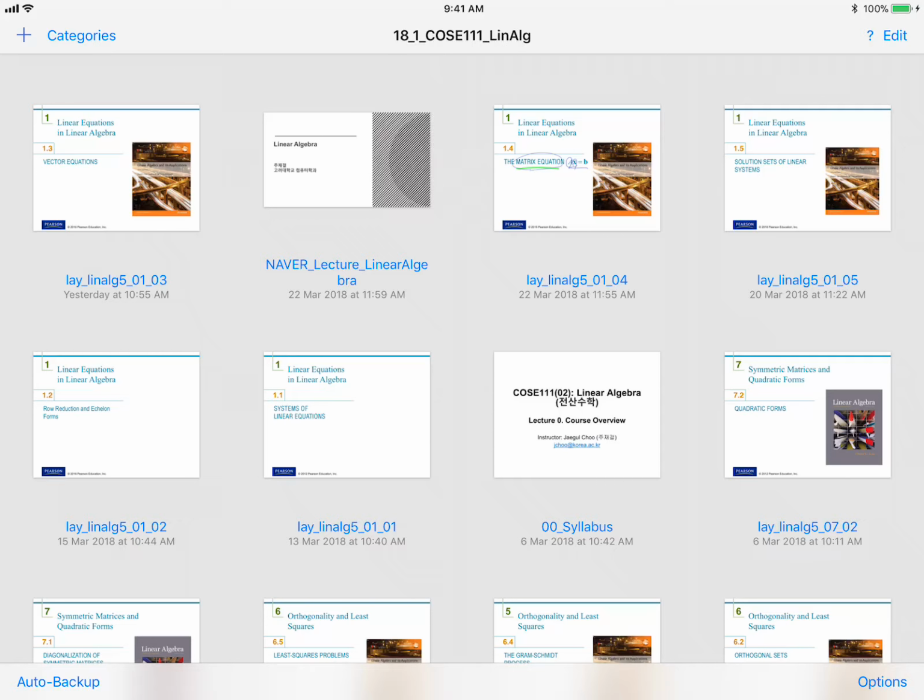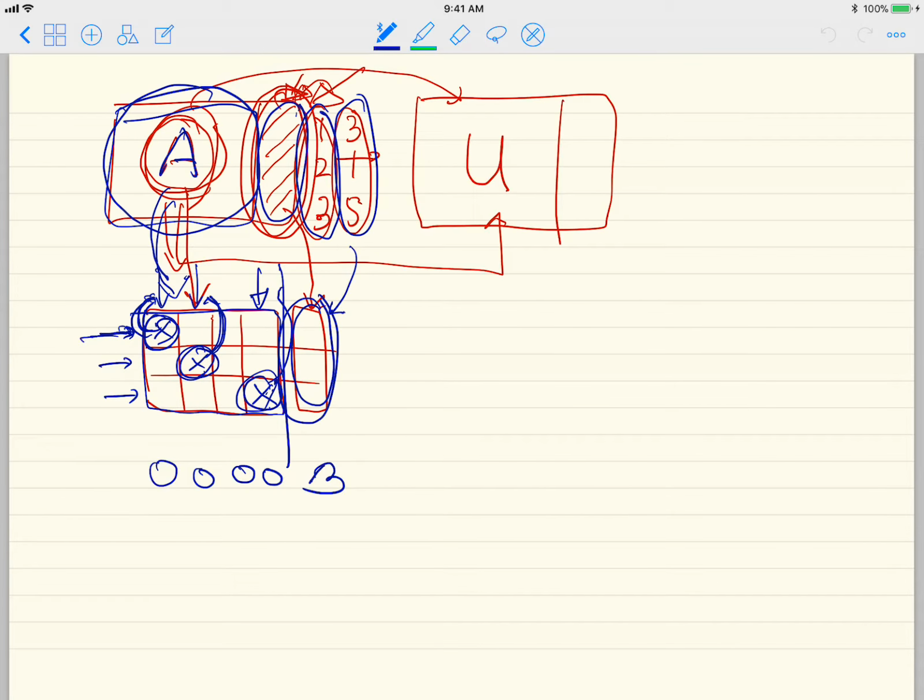And then we studied the vector equation and the matrix equation, right? That was a way of simplifying a linear system that has multiple equations and multiple variables, right? Let me just review briefly.